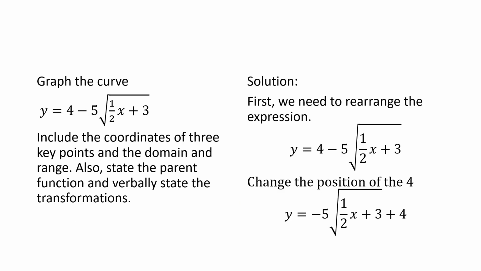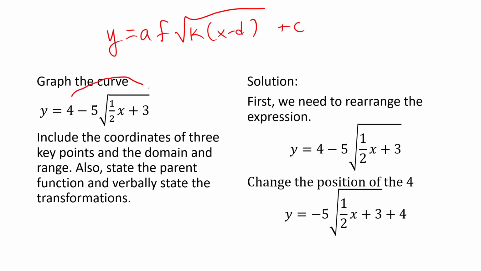So suppose you want to graph the curve y equals 4 minus 5 times the square root of 1/2 x plus 3. Well, right away, we know from the last slide that we're trying to get our function to look like this. So what we can do is move that 4 to the far right.